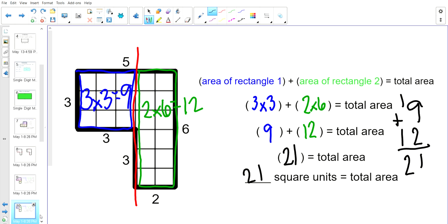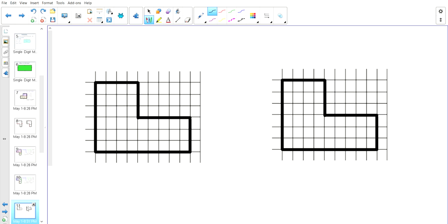Let's take a look at another example. Here are two identical rectilinear figures. Can you think of two different ways that we could decompose this shape into rectangles? I'll give you a moment to think.